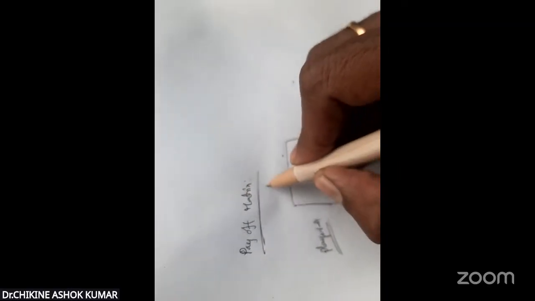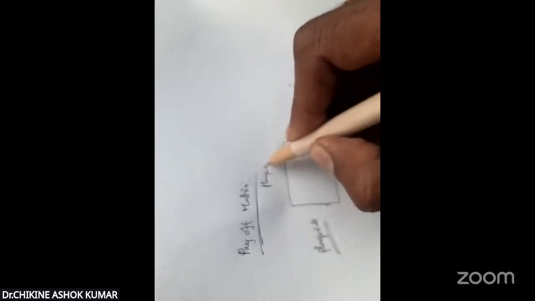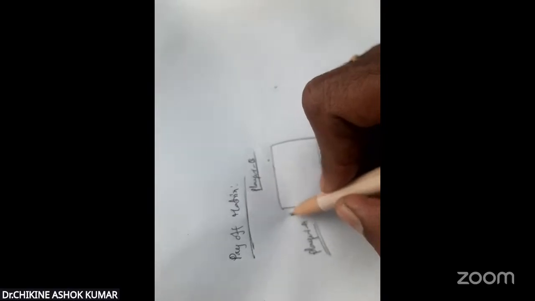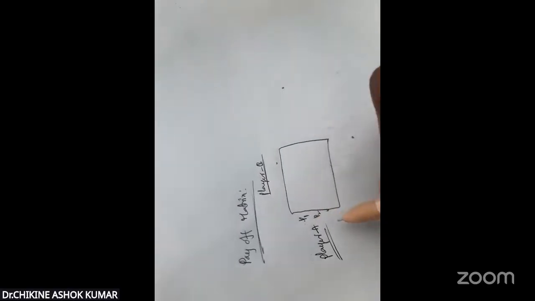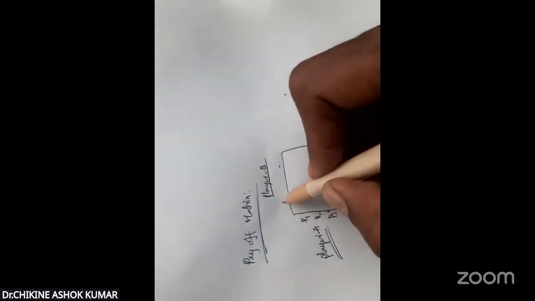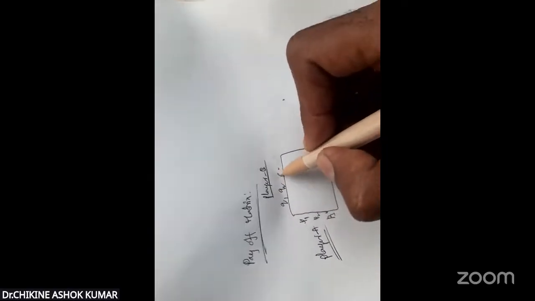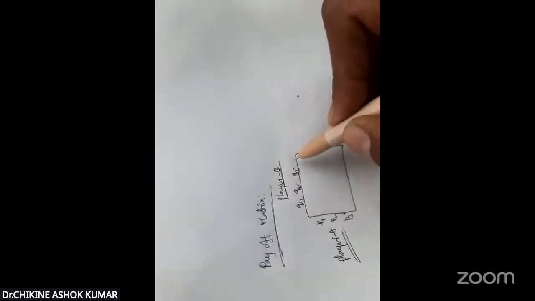This is player A information, row wise, and I am going to take player B information column wise. Let us suppose these are strategies or plans: P1, P2, P3, and Q1, Q2, Q3, or Q4, whatever it may be.